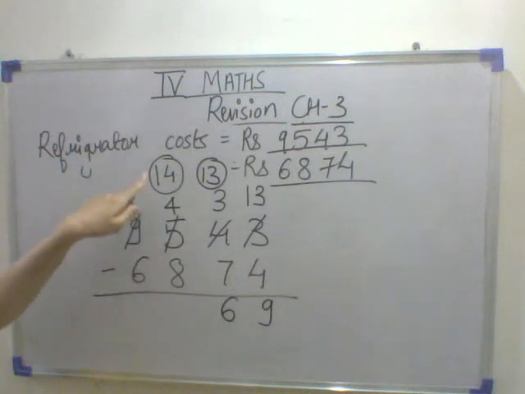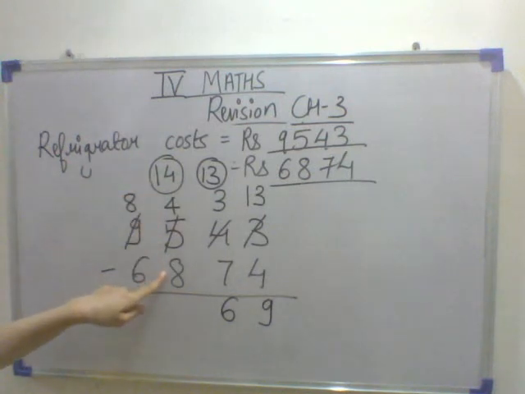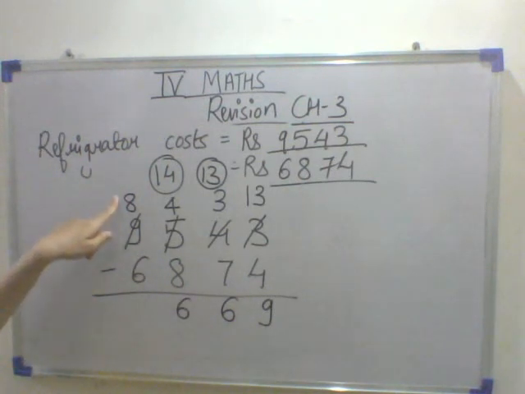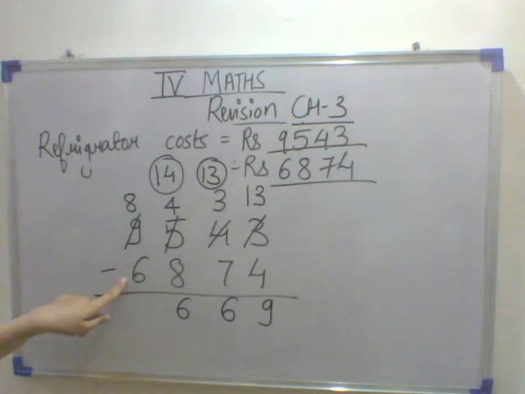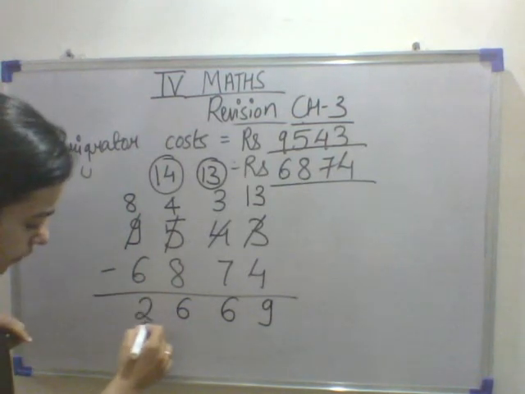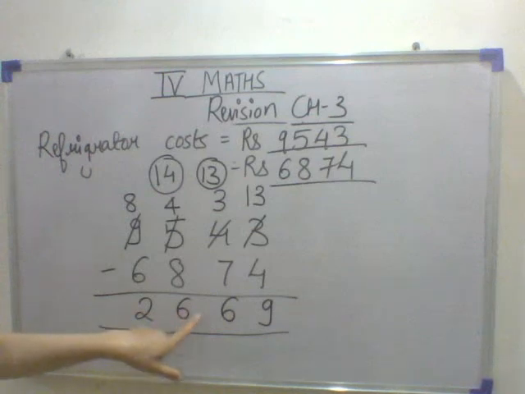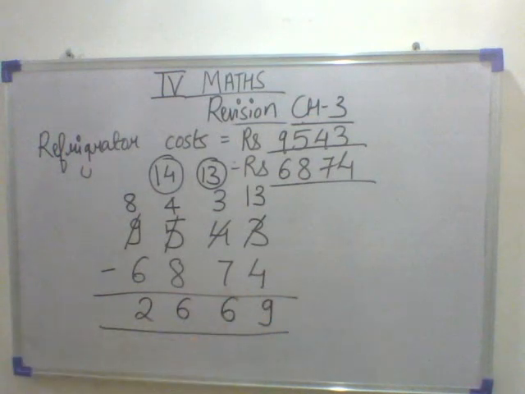If you subtract 14 minus 8, you will be getting 6. Now 8 minus 6 is 2. So our refrigerator costs more than the DVD player. How much more? 2669 only.